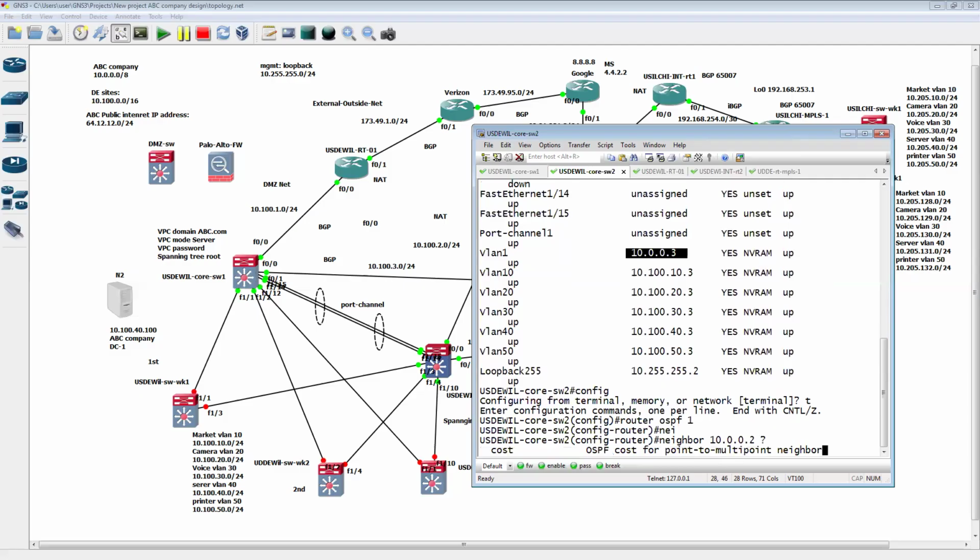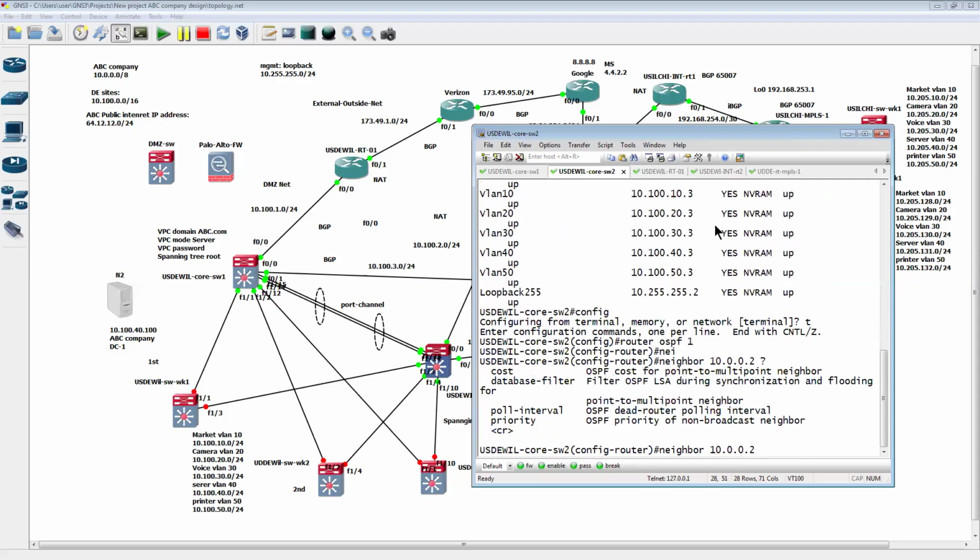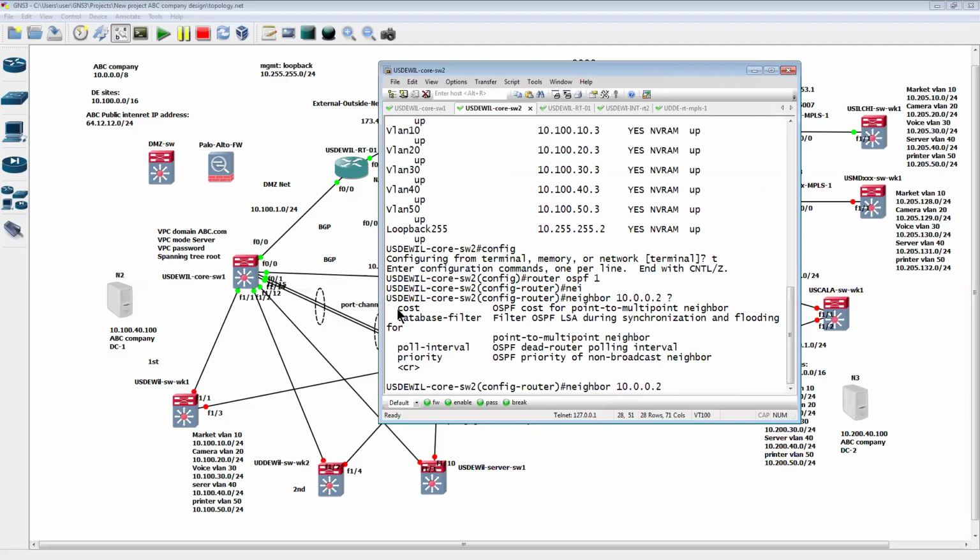Same thing, we put the question mark to see what we have. There's the cost, and a filter if you want to filter something, and also priority. That is too deep for right now because it is almost advanced level.